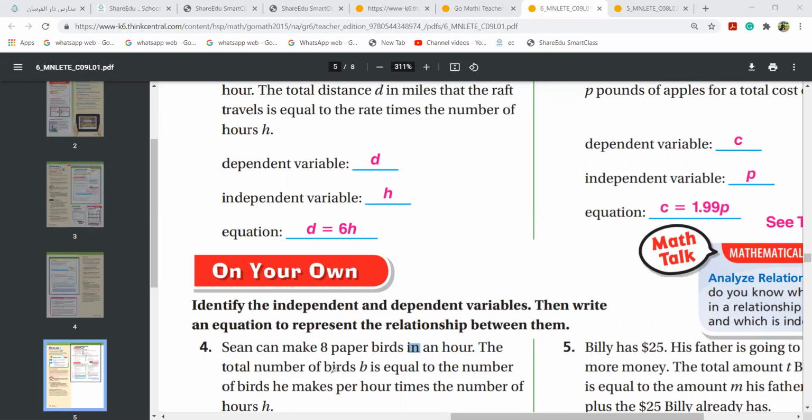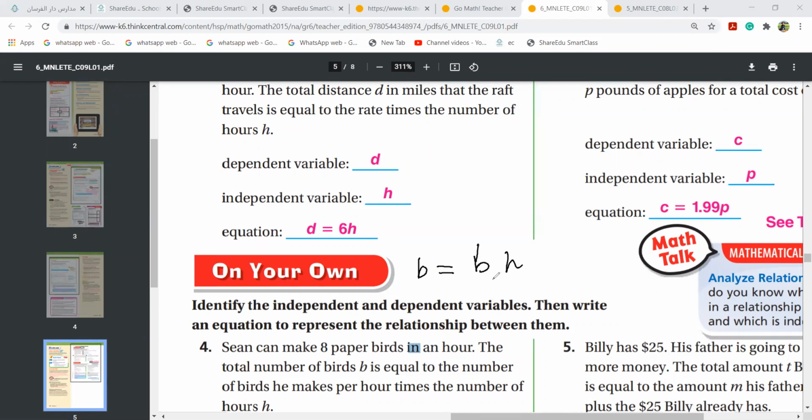The total number of birds B is equal to the number of birds he makes per hour times, I don't know the hours, so H. So the total number of birds is equal to birds he makes in 1 hour times, of course, H.